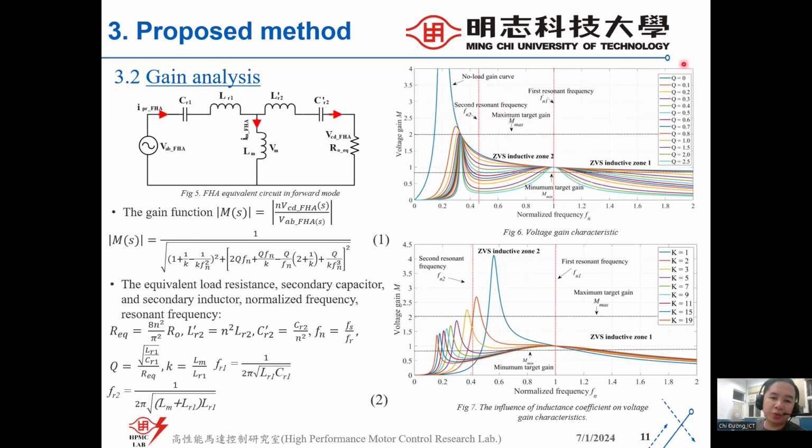After we choose Q, we set it and also change K. So with the highest K, the voltage gain M is also lowest, and we also need to choose K so the voltage gain M stays in the stable zone. And after we get an overview of the relationship of K, Q, and Fn, in the further slide we will calculate the values of CR1, LR1, LR2, CR2.